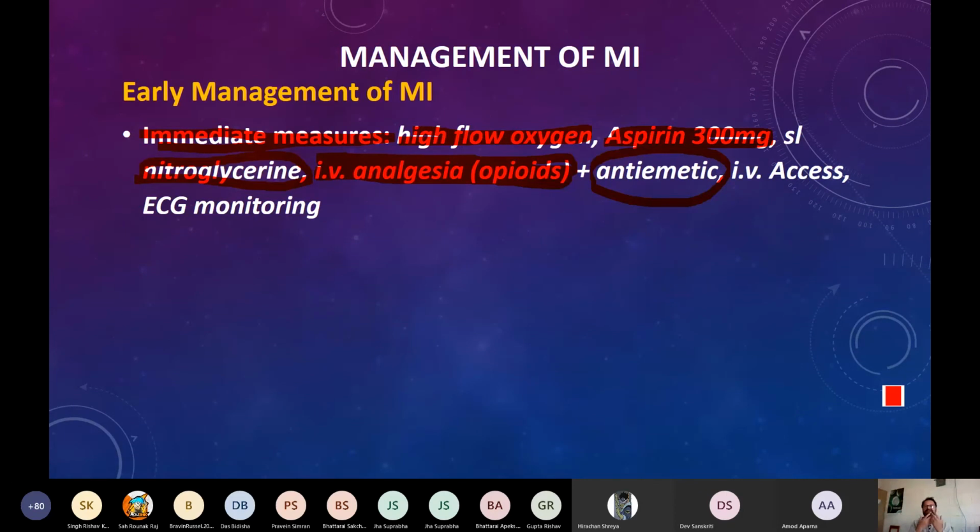Otherwise, it may be aspirated into the lungs, so the patient might get aspiration pneumonia or die because of aspiration into the lungs. To prevent that, antiemetics like metoclopramide and other drugs are very essential for the patient. And IV access, I'm not talking about giving fluids immediately.